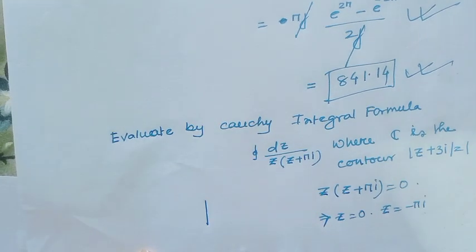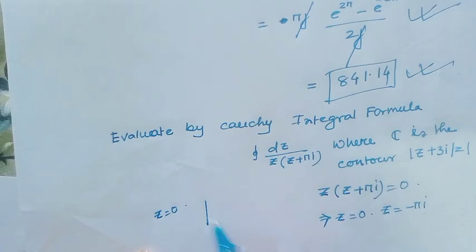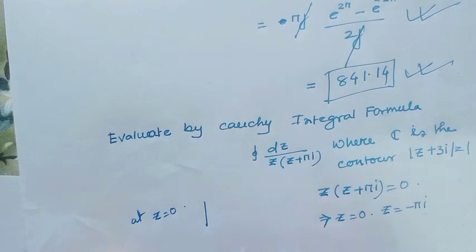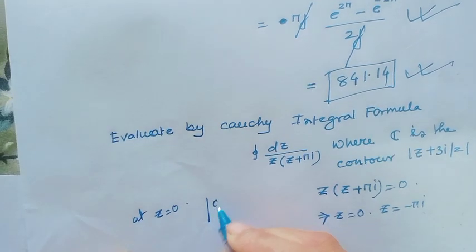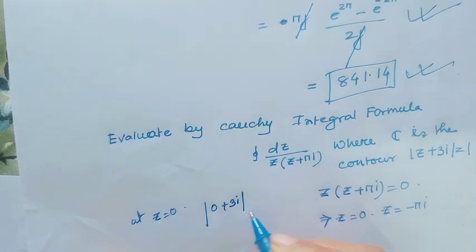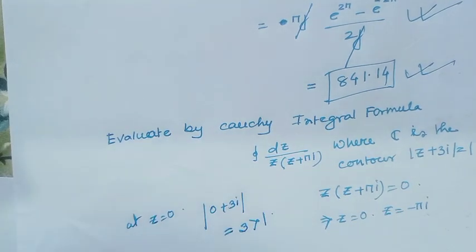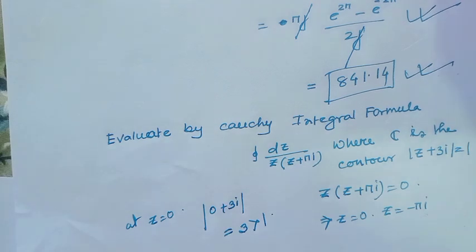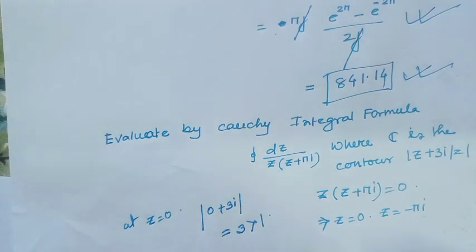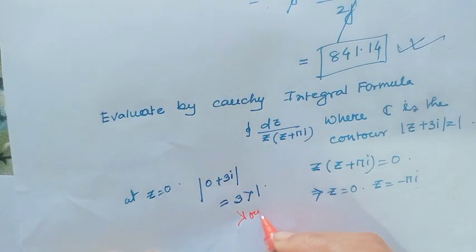At the point z equals 0, 0 plus 3i, this absolute value is 3 which is greater than 1, so this point is outside of the circle.